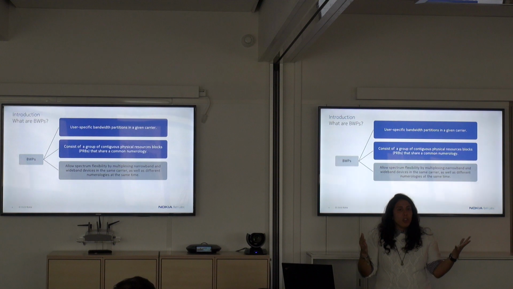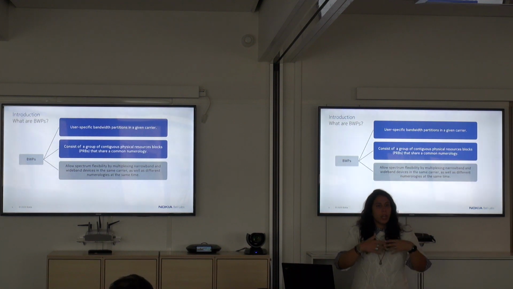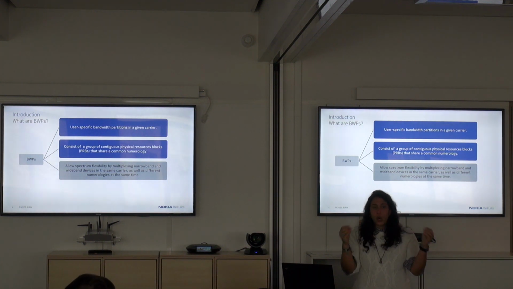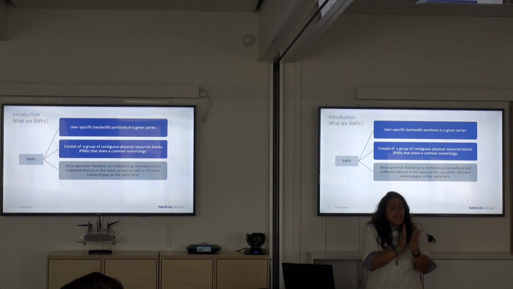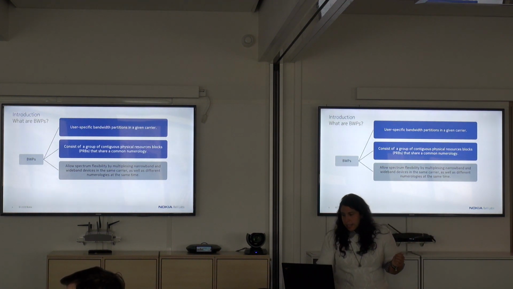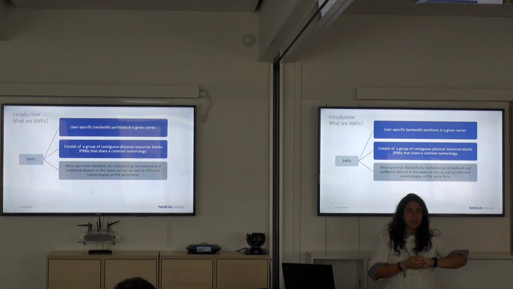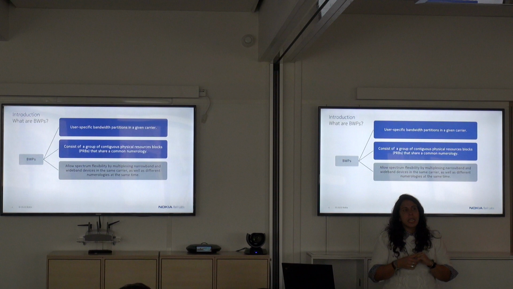And when I mean very big, it could be all the carrier bandwidth if you have a user equipment that has the capabilities to decode and monitor the whole carrier bandwidth, or it could be a very small chunk of that carrier. Okay, and it can also multiplex the different numerologies at the same time. And this is the most critical aspect, perhaps, of bandwidth parts, because it's the best way that you can simultaneously in the same carrier support different kinds of services.